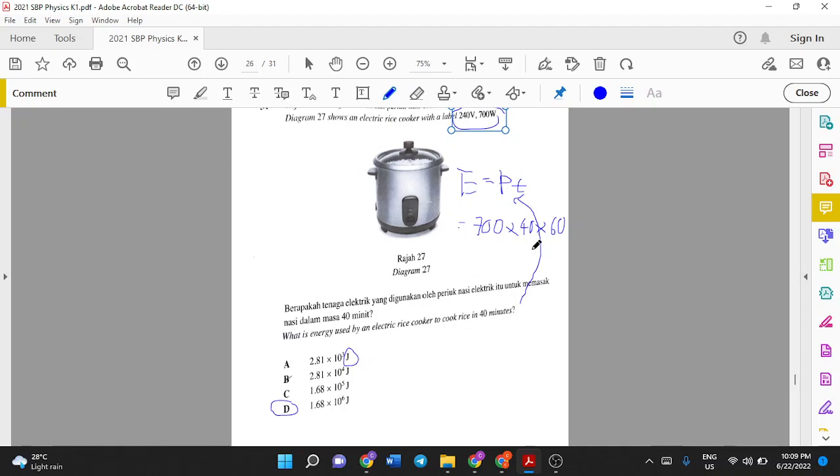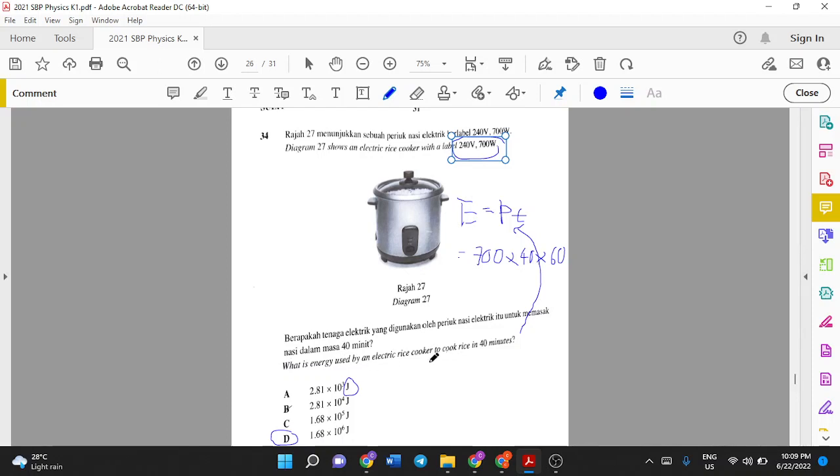Okay, so the SI unit of our electrical energy is joule. Okay, so the joule is in watt second.